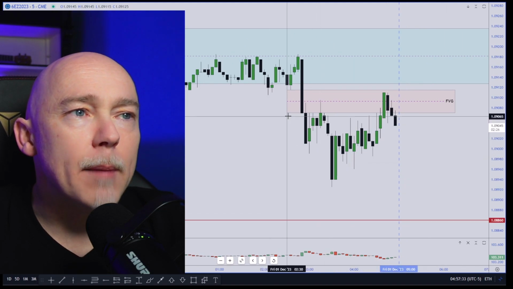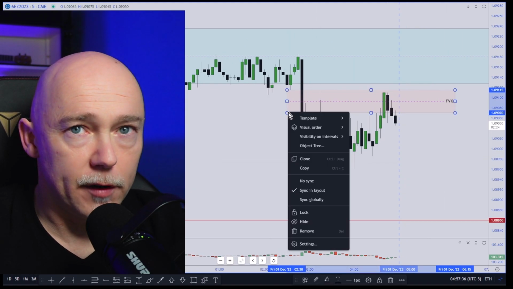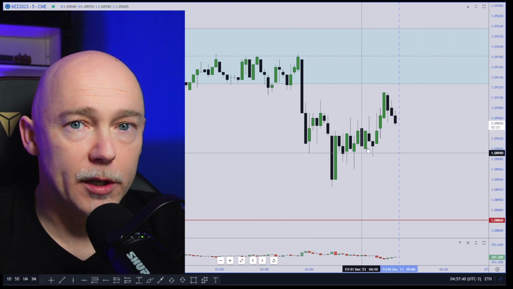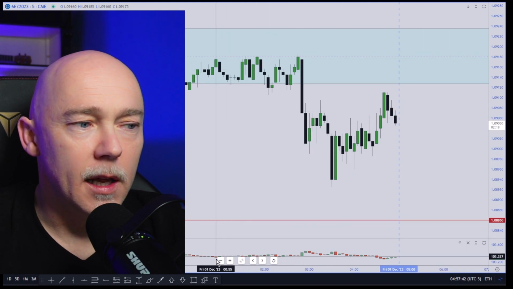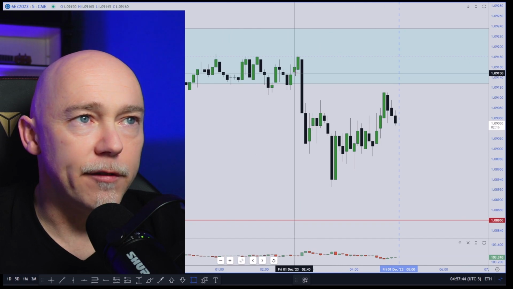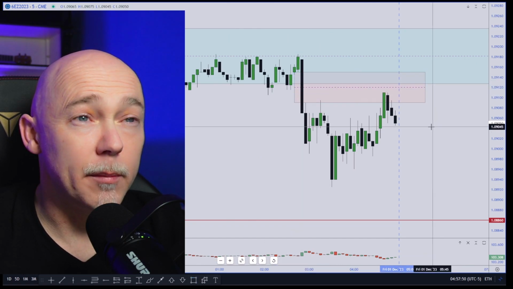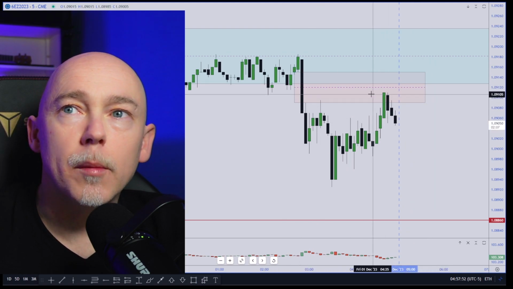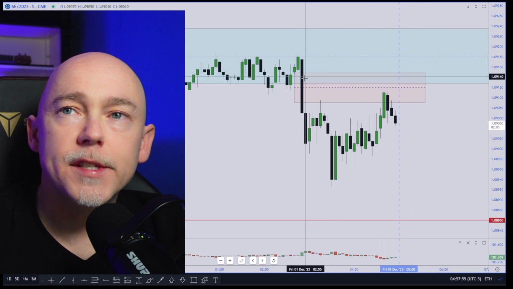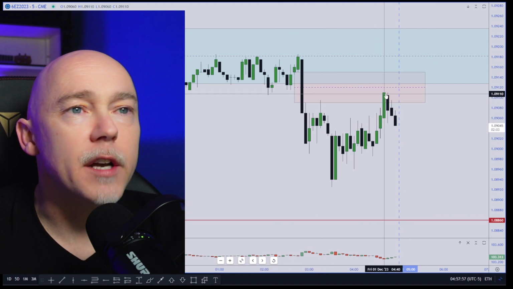So let's say, for example, I delete this 15-minute fair value gap, and we're looking at a 5-minute chart right now. Let's have a look at this fair value gap here. That's a 5-minute fair value gap. You can see price has come back up to revisit that here on this 5-minute chart.